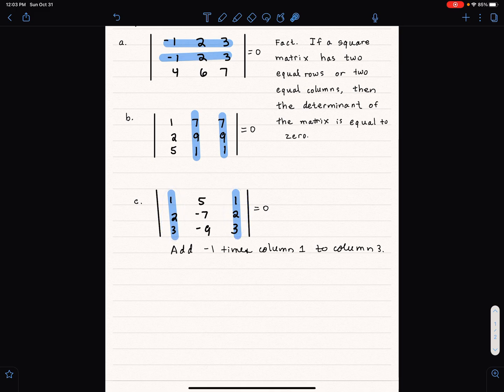Same with rows. If you take a row, multiply by a number, and add it to another row, it does not change the determinant. So if I do, as I said, taking column 1, multiplying by -1, and adding to column 3, I get this determinant.